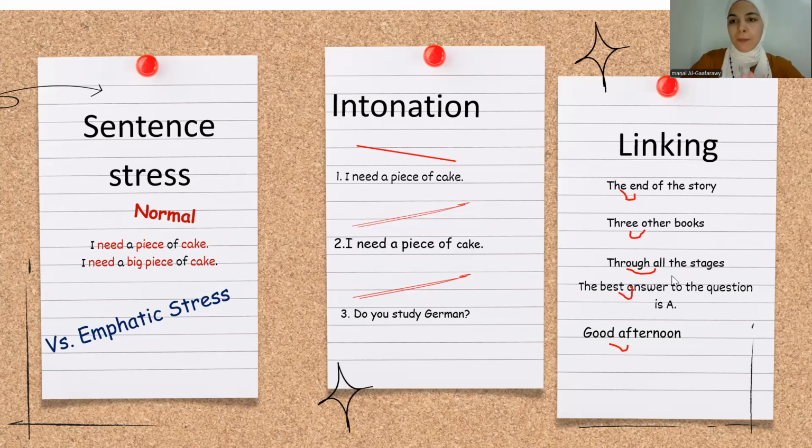And notice something: a good technique in order to improve your pronunciation is to start slow and then get back to normal. So as I practice linking for the first time, I have to do it slowly. The best dancer, the best dancer, and then get back to normal, the best dancer.